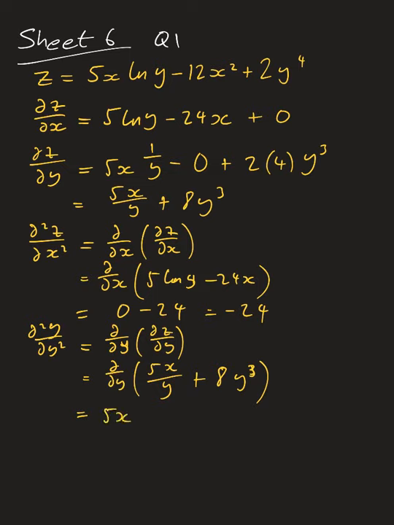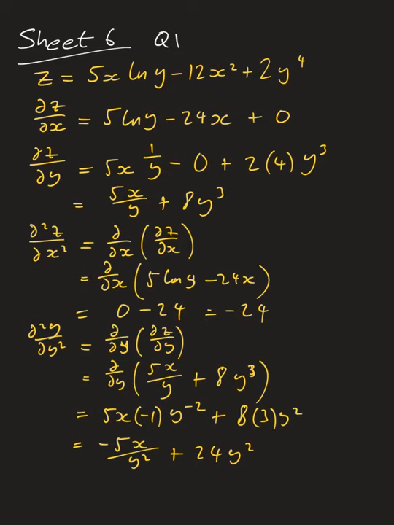So we have 5x times minus 1 times y to the power of minus 2. Again, y was to the power of minus 1, so the minus 1 came out in front, and I take 1 off the power, and it goes down to minus 2. For 8y cubed, that 8 is there, and then we have 3y squared. So that's equal to minus 5x over y squared plus 24y squared. That's the second partial derivative with respect to y.